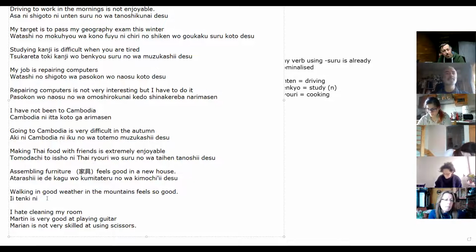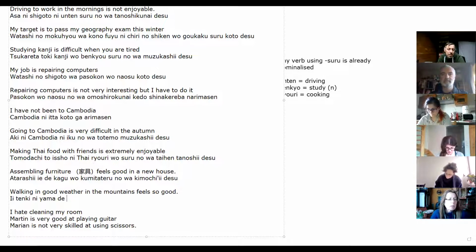Remember, we've got mountains here as well, though. Tenki ni yama. Again, we're doing something in the mountains, so this is going to be yama de, not ni. Yama de. Yes.